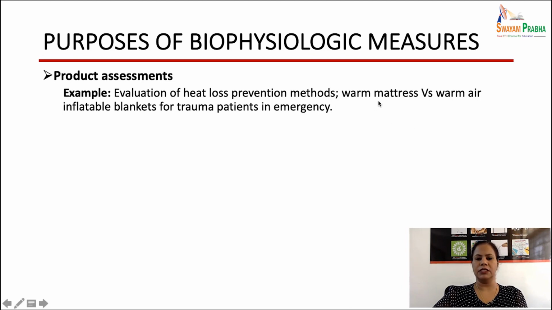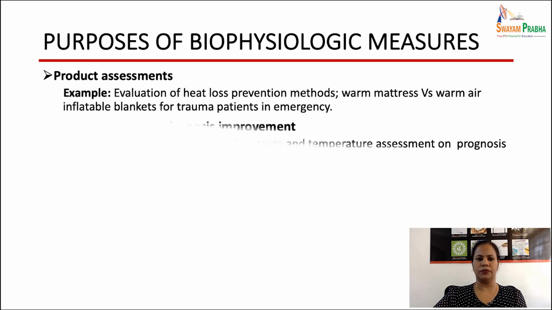We may assess the effectiveness of a warm mattress and warm air inflatable blankets for patients for whom we don't want heat loss. So we can see which of these products is better for heat loss prevention. Biophysiological measurements can be useful at certain levels of product assessment also.